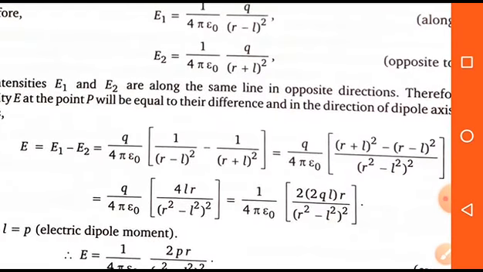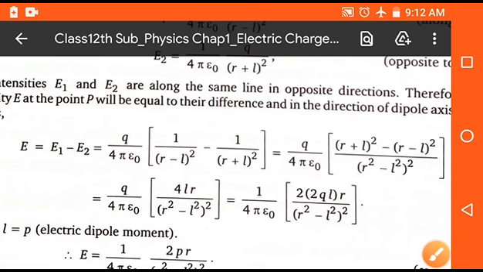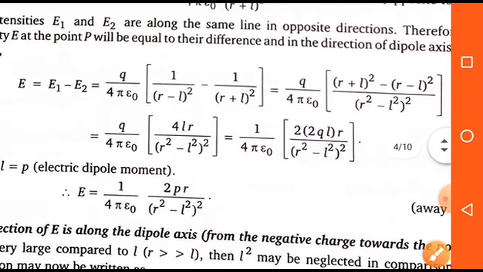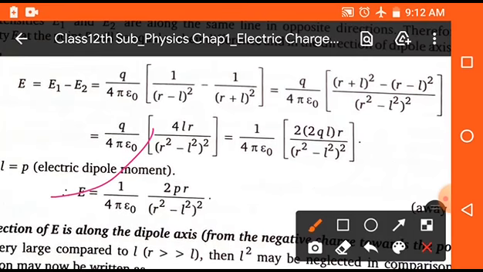On putting in the values, we can easily find the electric field at point P. On solving, we finally get E is equal to 1 upon 4 pi epsilon naught 2pr upon (r square minus l square) whole square, where p is equal to Q into 2l, the electric dipole moment.